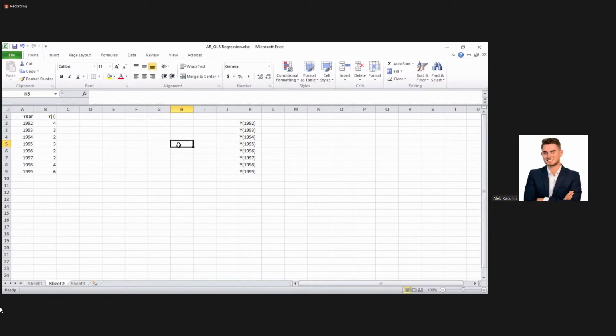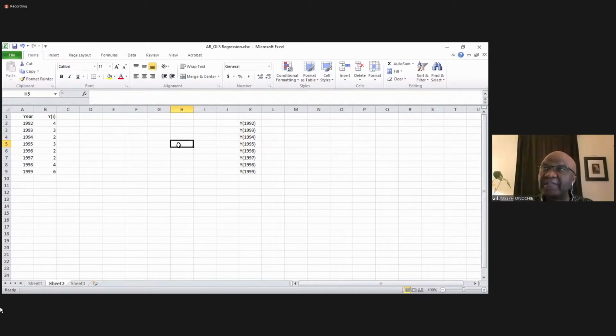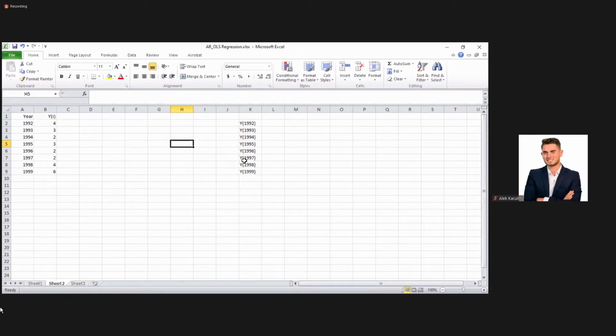But we're asking, are the ACFs jointly zero? Why jointly? Because there are eight random variables together here, acting together. That's why we say jointly. So that's a great question you asked. It's applicable to that, but with the Ljung-Box we're specifically testing the autocorrelations.